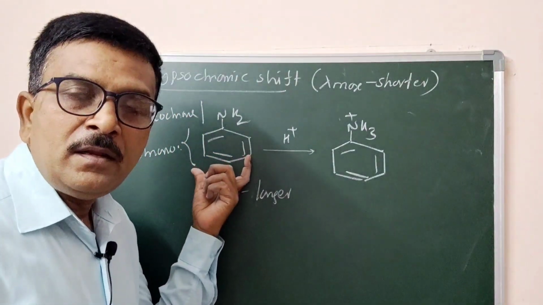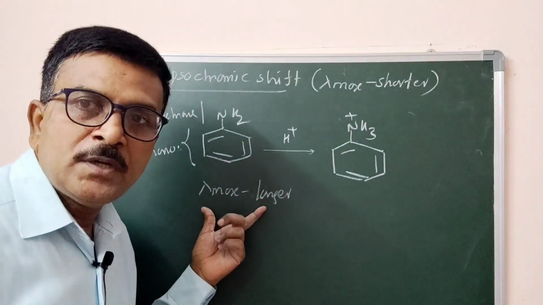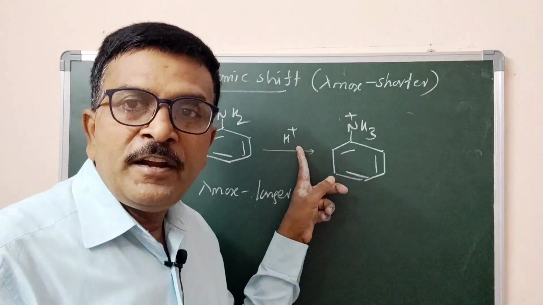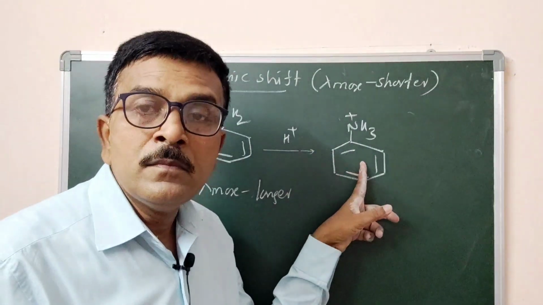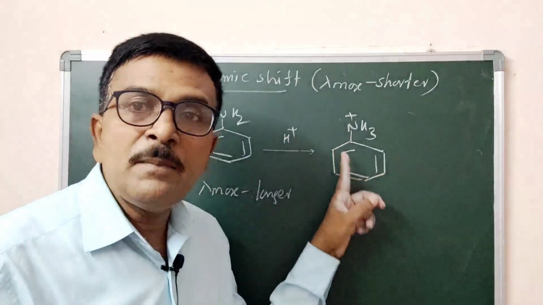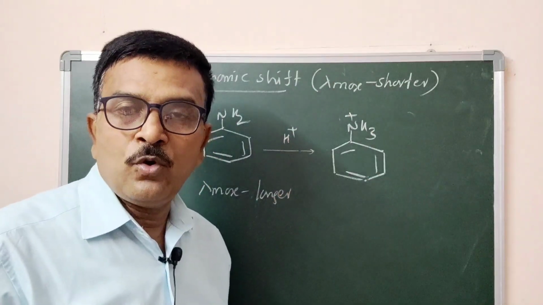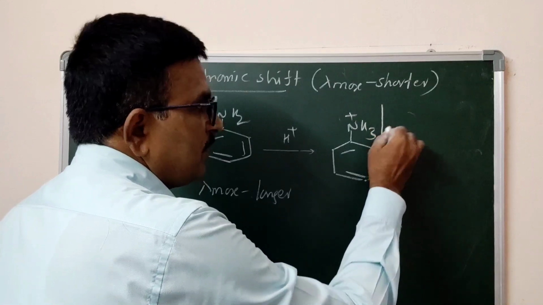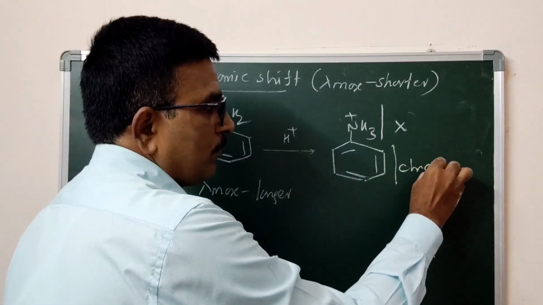Now when the benzene ring is attached to an auxochrome, it absorbs longer wavelength. Now when we protonate the aniline, when we add acid to the aniline, what happens? It becomes the anilinium ion, that is NH3 plus. That means we removed the auxochrome. Now this is not an auxochrome, it has only the chromophore.